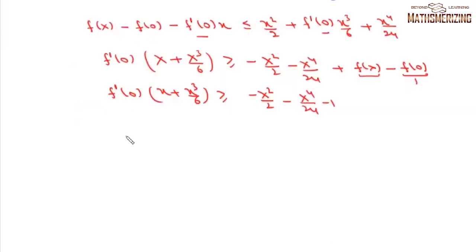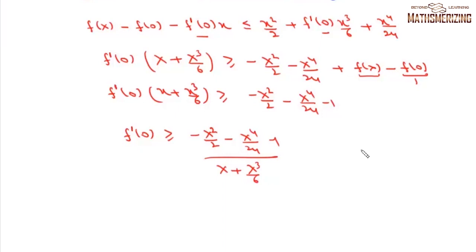And from this we can write f dash 0 will be greater than or equal to minus x square by 2 minus x to the power 4 upon 24 minus 1 upon x plus x cube by 6.